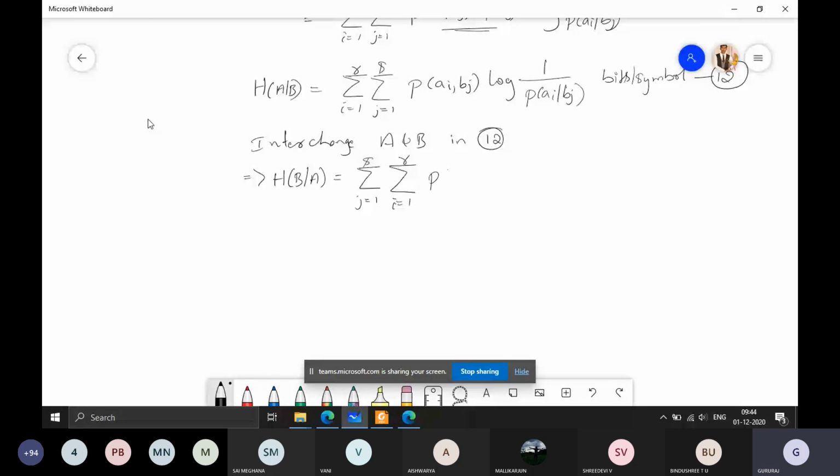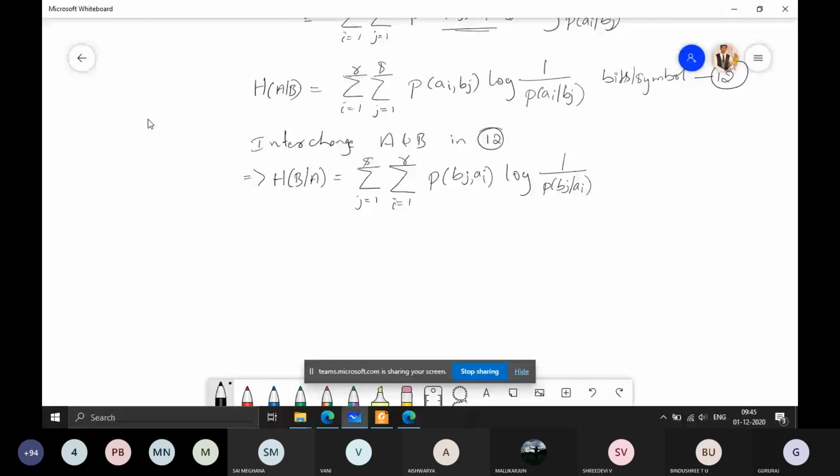Okay, so then this is p of bj comma ai into log 1 divided by p of bj by ai, just replacing ai with bj. So a and b interchanging them.